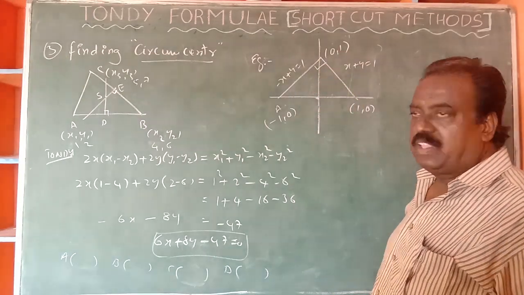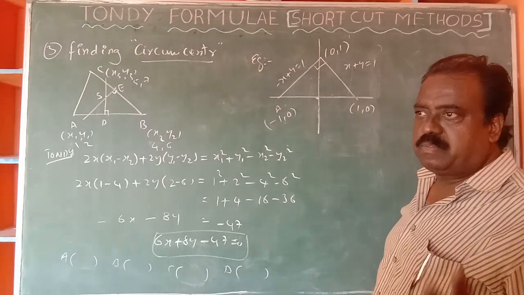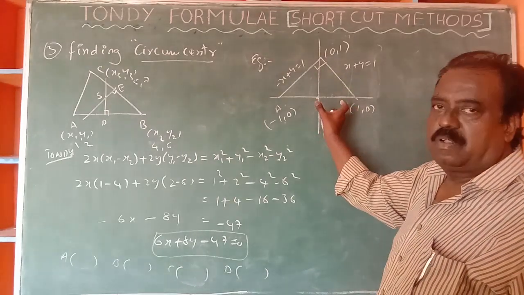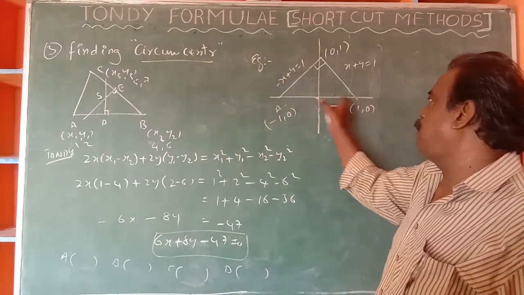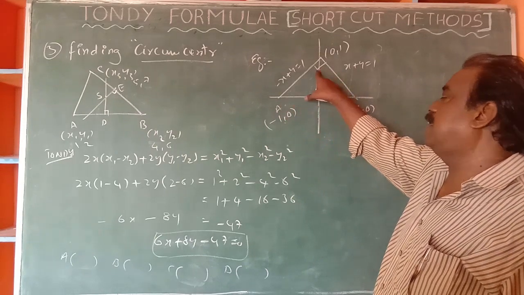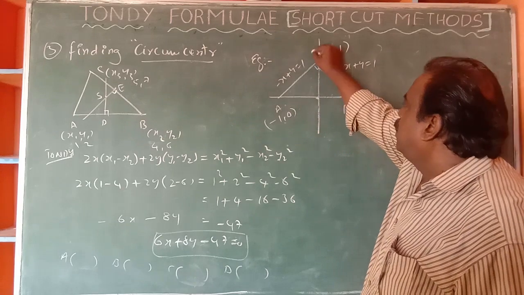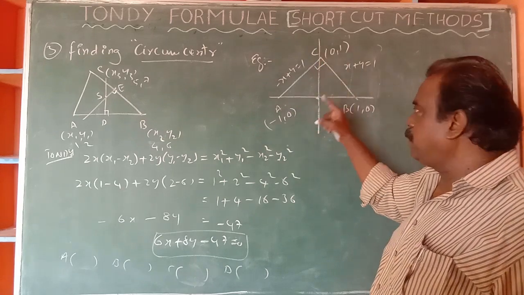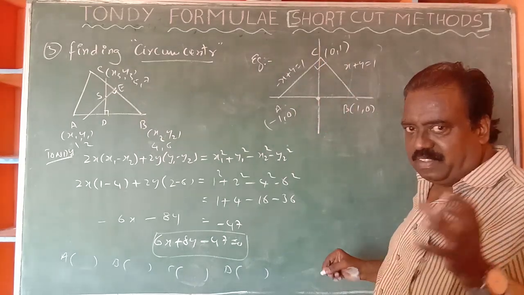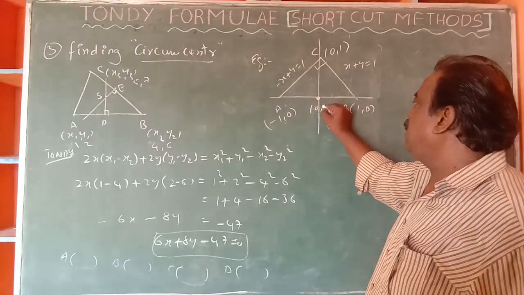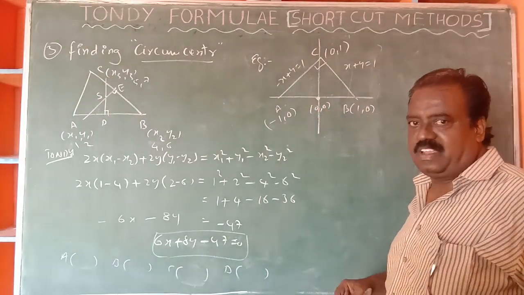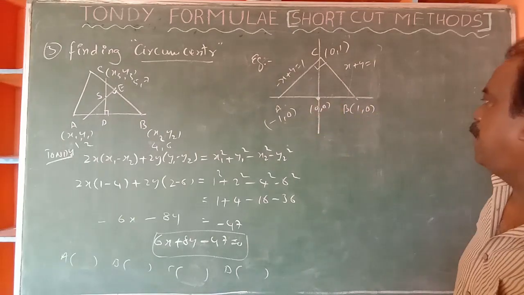In a right angle triangle, the circumcenter is the midpoint of the hypotenuse. For the right angle, AB is the hypotenuse. The midpoint of the hypotenuse itself is the circumcenter. We know it. Here it is horizontal, the midpoint of AB.